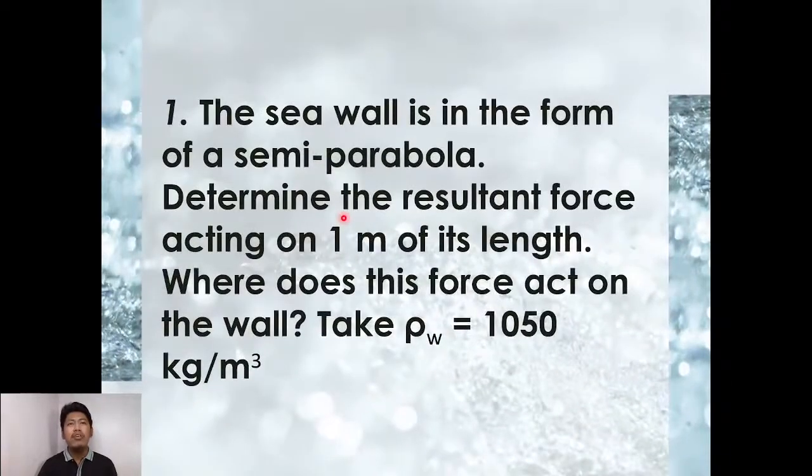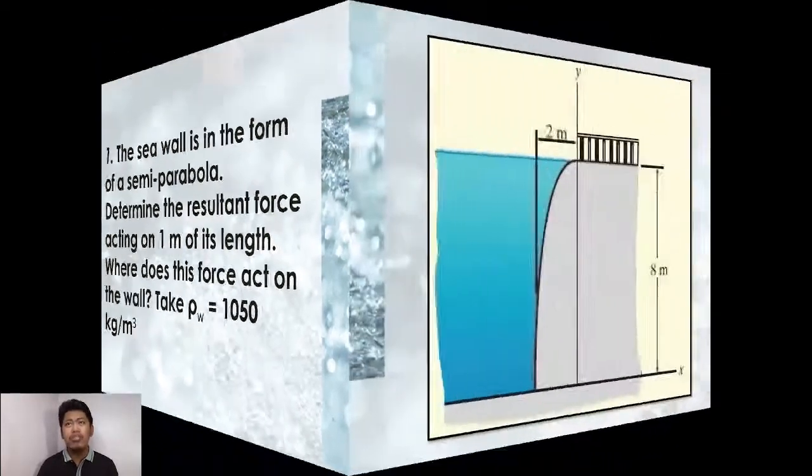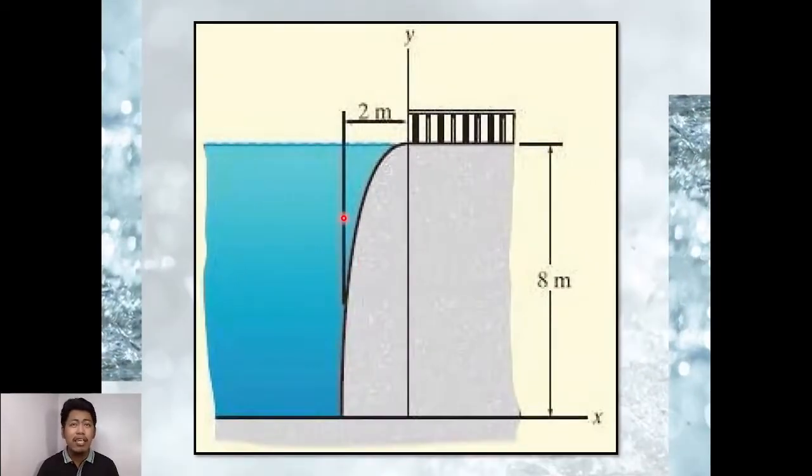It says here to determine the resultant force. For the resultant force, we need the component forces, and we will also locate where in this illustration our resultant force will act.